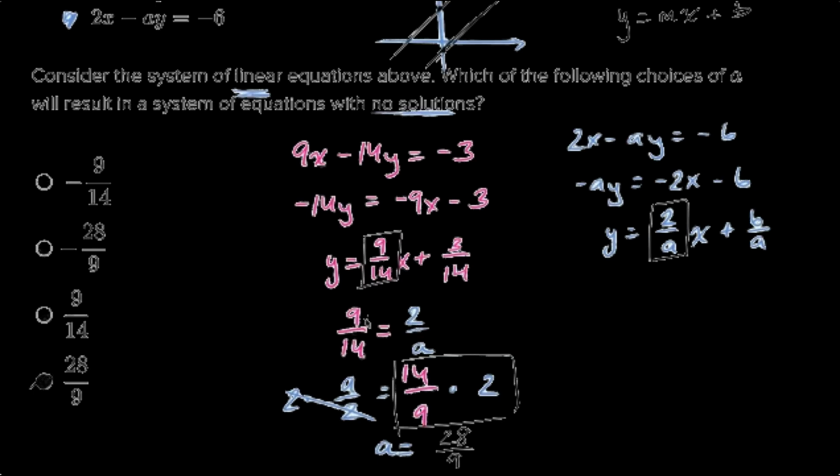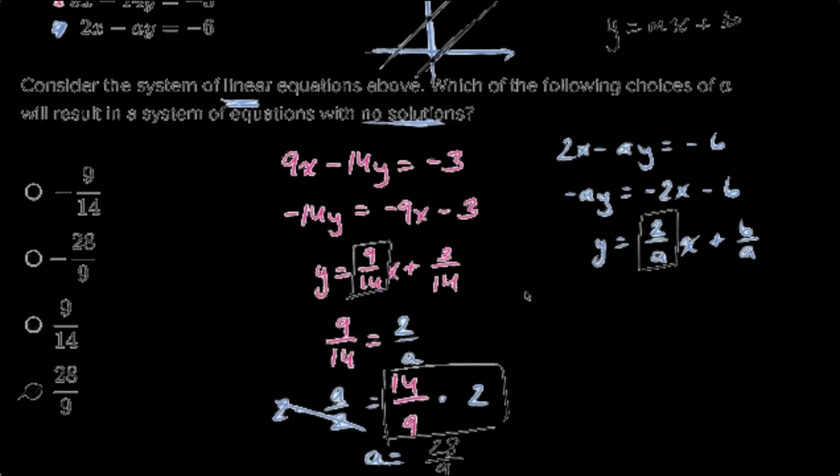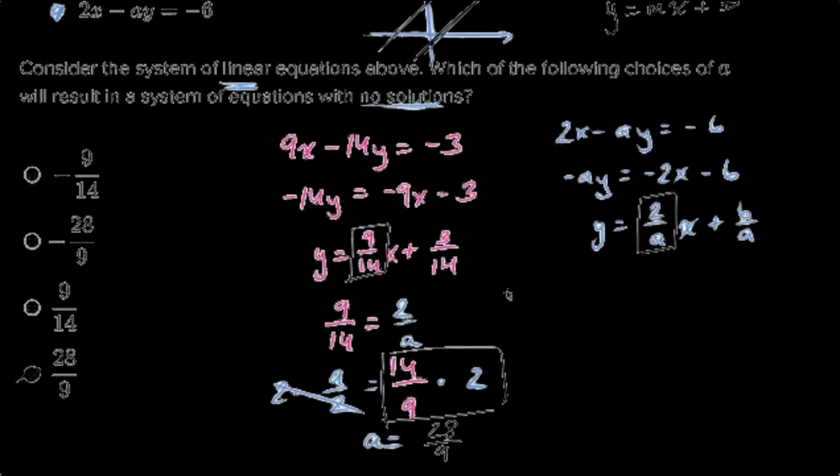But if we really want to care, if a is 28 over 9, these two things are going to have the same slope. But let's make sure they don't have the same y-intercept. I wouldn't do this if I was under time pressure, but just to feel good about it. This y-intercept is 6 over a, so it's going to be 6 over 28 over 9. Dividing by a fraction is the same thing as multiplying by its reciprocal.